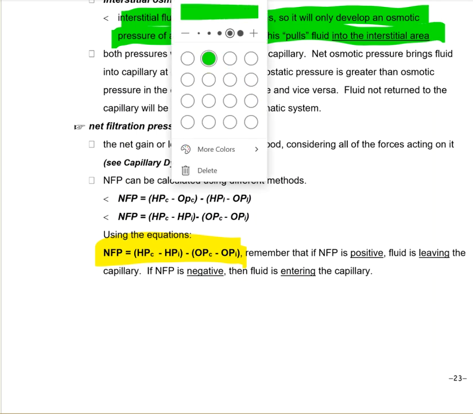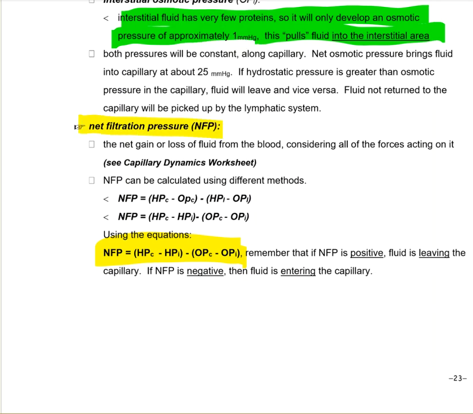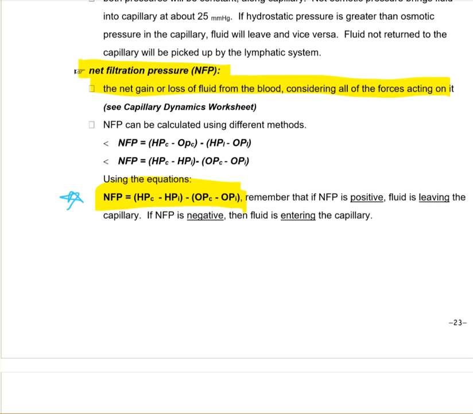Okay, so net filtration pressure is the gain or loss of fluid in the blood considering all the forces. And I think this equation is the one that you should use. It makes the most sense to me because it subtracts the hydrostatic pressures and then subtracts the osmotic pressures and then subtracts both. And if we get a positive number, fluid is leaving the capillary. If we get a negative number, it's entering the capillary.